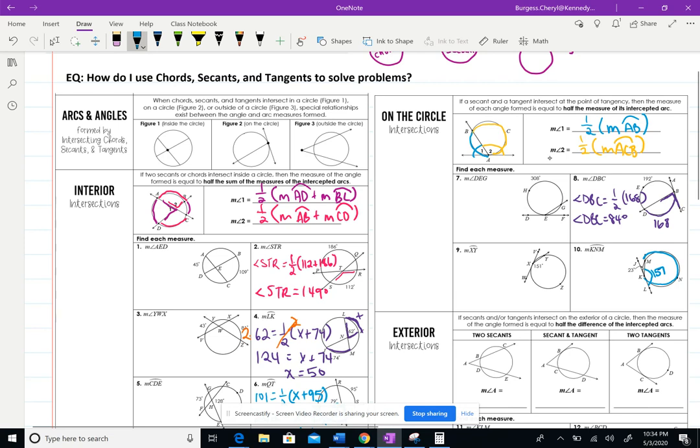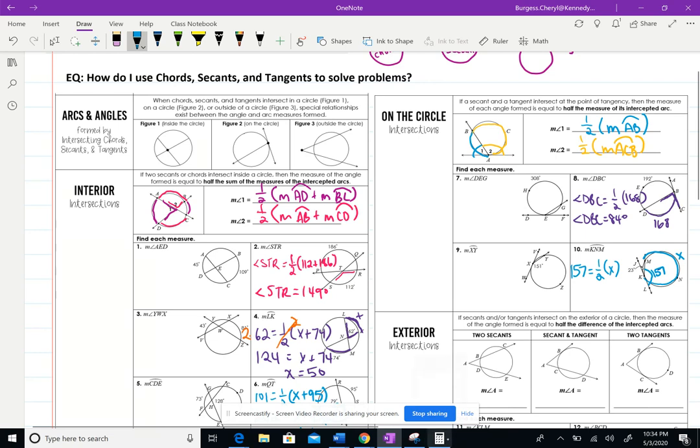So we'll call this X. This time they give us our angle. Well, we had to find it, but 157 equals 1/2 of X. That's our arc that we're looking for. So to solve this one, we just multiply by 2 on both sides.